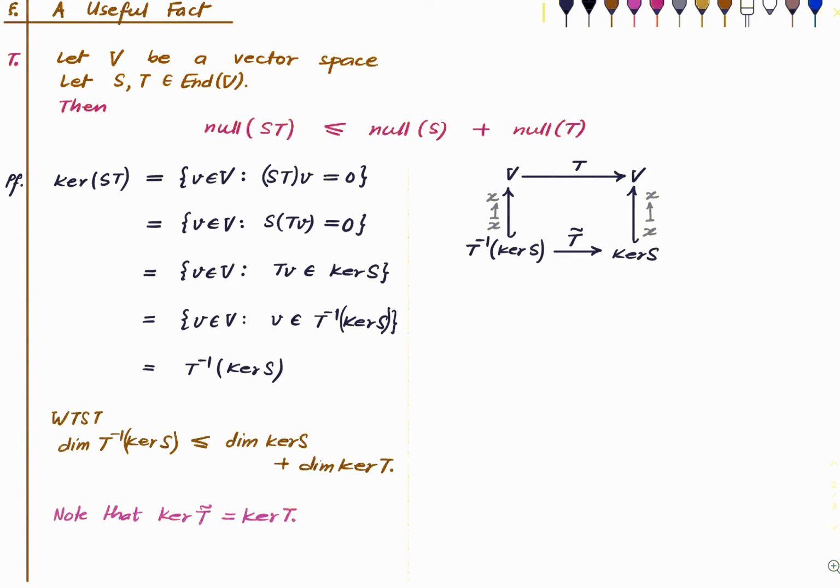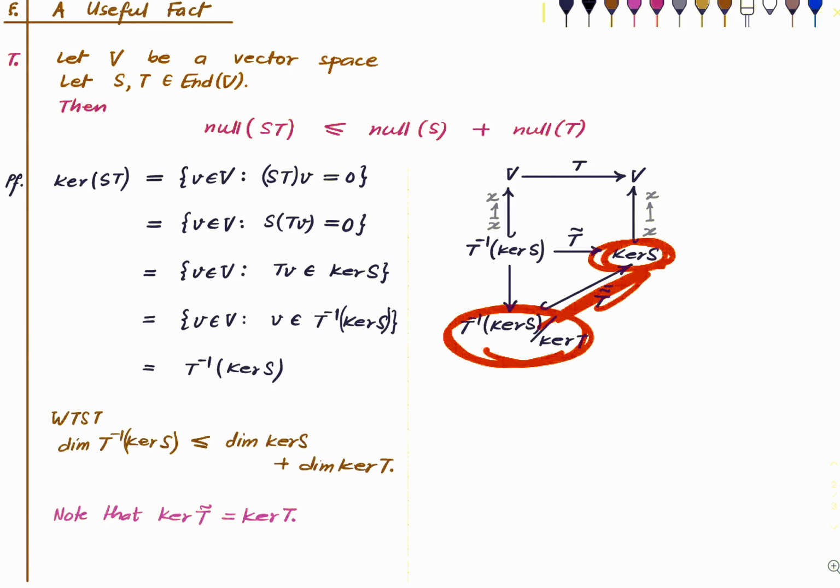And now apply the first isomorphism theorem to this map. We do not apply the first isomorphism theorem directly to this, but to that. And if we do that, we get this factoring. And here we get an injective linear map, which we denote by T tilde bar. Simply because this is an injective linear map, the dimension of this space is at most the dimension of that space.